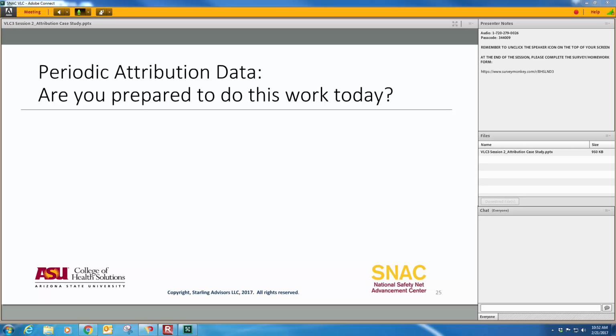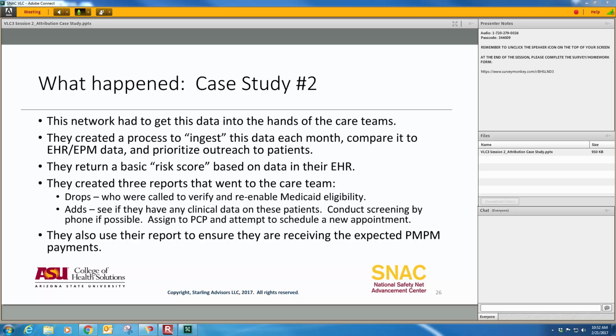And I think we've heard everybody seems to have some capacity and capability, but maybe a little bit more variation than we'll probably see in the coming years as all of our organizations go through this transformation. In this particular case, I mentioned it was a group of safety net providers that came together under an ACO-like umbrella, and the network took accountability for getting this data into the hands of the care team.